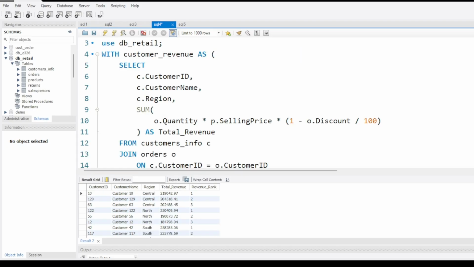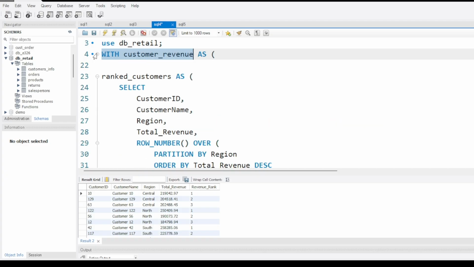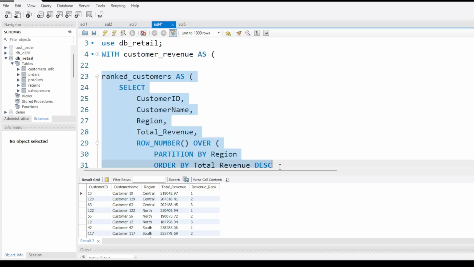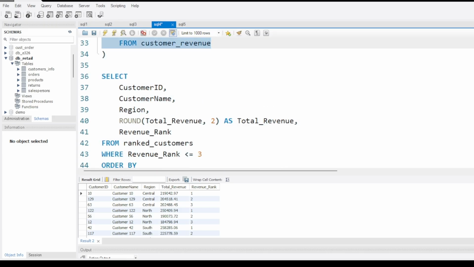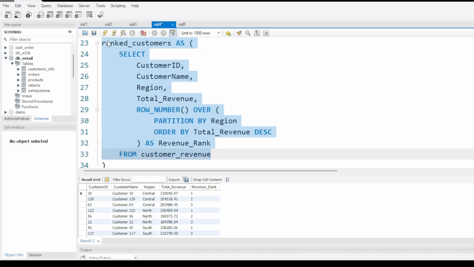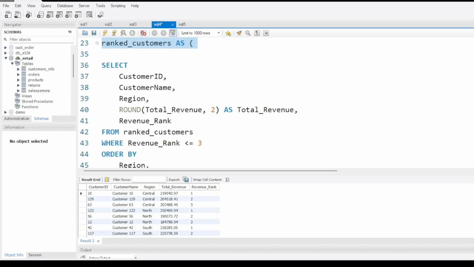So our complete approach is: first, calculate customer revenue. Second, rank customers within each region using row number. And finally, filter for rank 1 through 3.